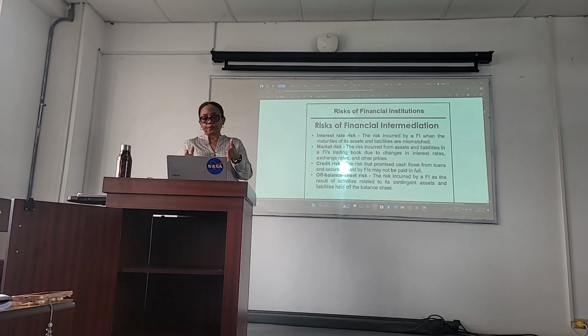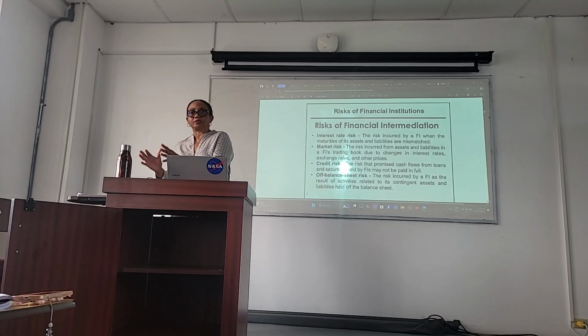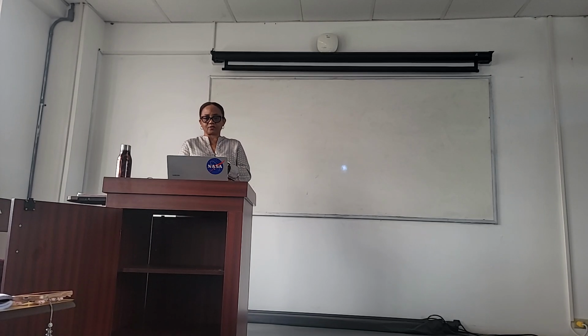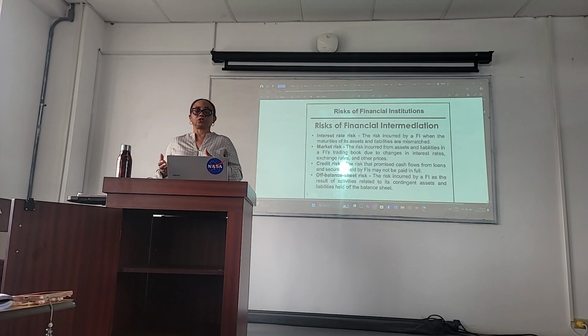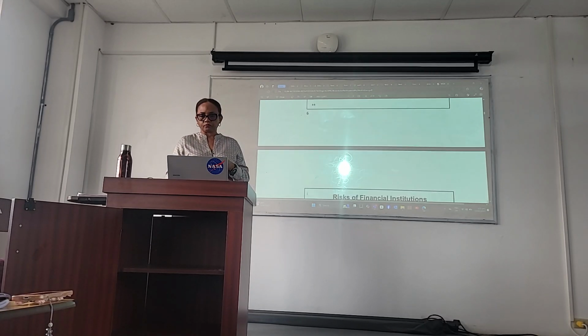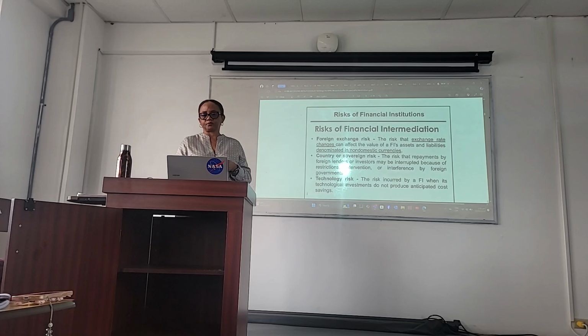And so those contingents, not directly on the balance sheet, but those other investments they make in certain assets and liabilities that they incur, create risk for them. That's called off-balance sheet. So when we look at off-balance sheet transactions, we will see where that arises from. Any questions?